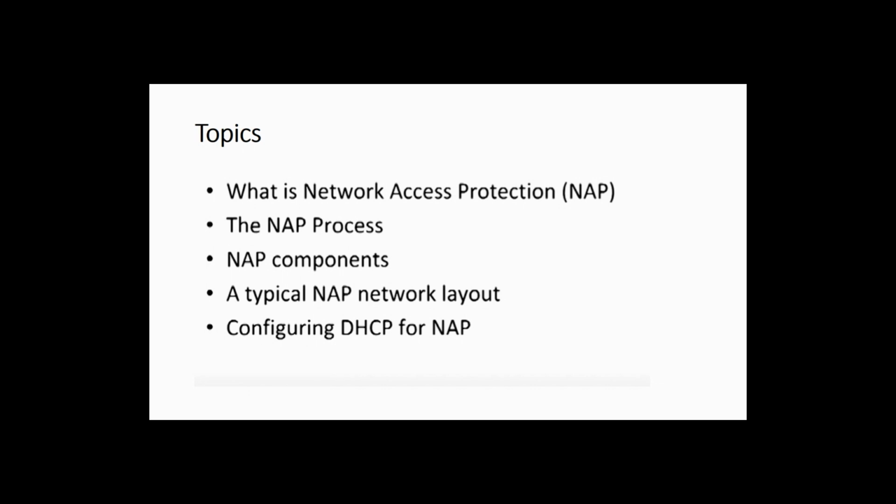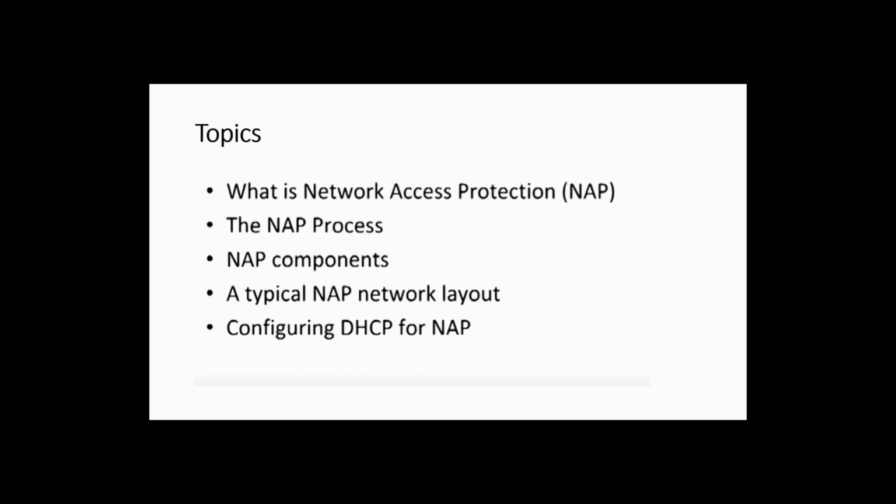Network access protection is a Windows system, and as Paul mentioned, it started in Windows Server 2008 or later. It is also a main role of Windows Server 2012 release 2, and Windows Server 2016.